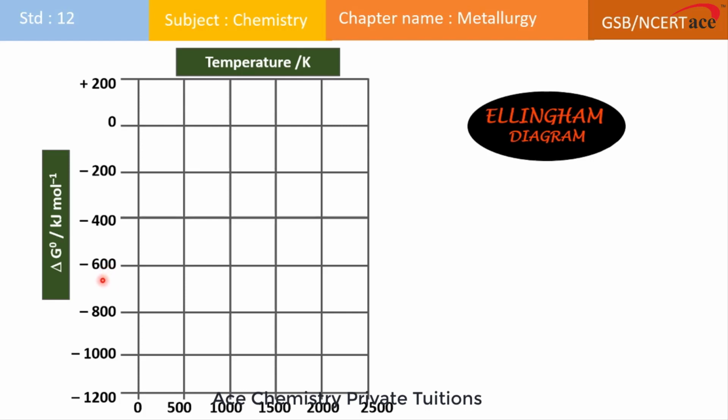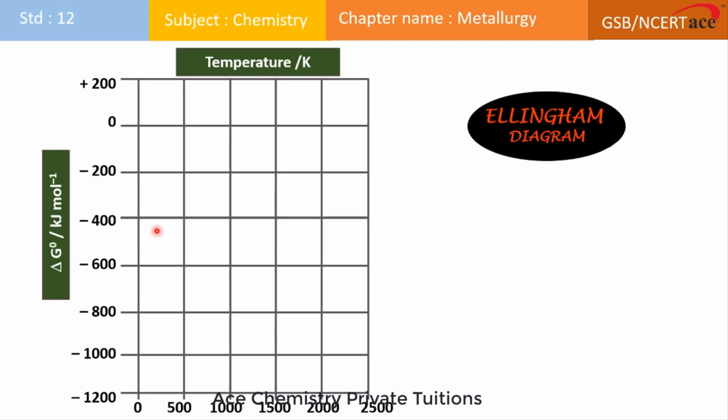If you see the lowermost point on this origin, it does not start with 0. The lowest value of the delta G naught is minus 1200, and as we are moving up, then what happens? The value of the delta G increases, it reaches towards 0, it crosses this boundary and it reaches toward plus.